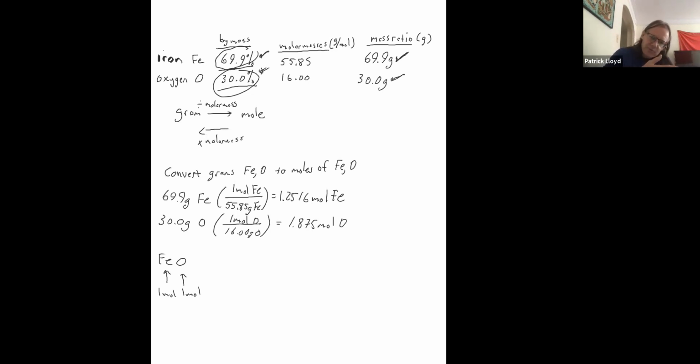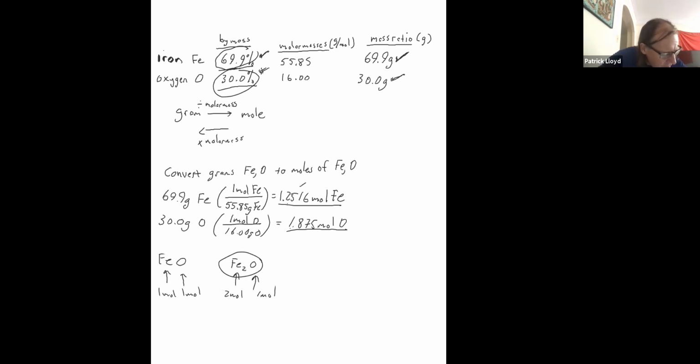So if I have some number of irons, I have some number of oxygens. So if I had Fe2O, we could interpret this as 2 moles of iron and 1 mole of oxygen. So by getting these into moles, we're going to be able to take those numbers and convert them into a formula using subscripts, okay?